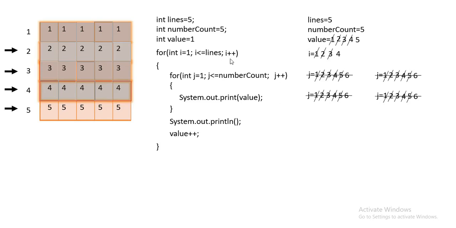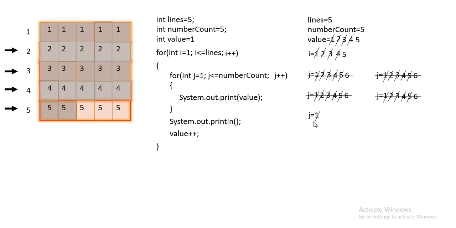And go back to i++, i becomes 5. 5 less than or equal to 5, so it comes to this for loop, j equal to 1. First of all, line 5 is selected, then j equal to 1. 1 less than or equal to 5, the condition is true, so print 5.